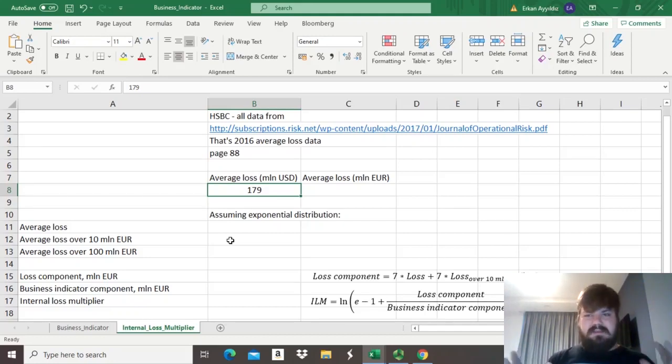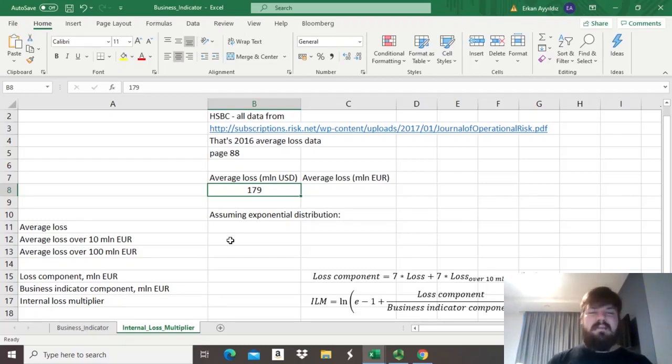But that loss is averaged over a number of years and a lot of various operational risk events. There are very serious operational risk events that are very impactful and that result in billions in losses, perhaps, and there are very minor operational risk events that might result in a couple 100,000, which is not something such a large bank would really care about.